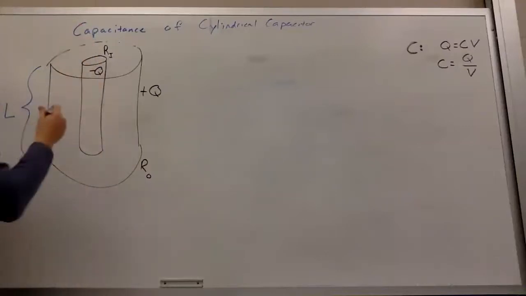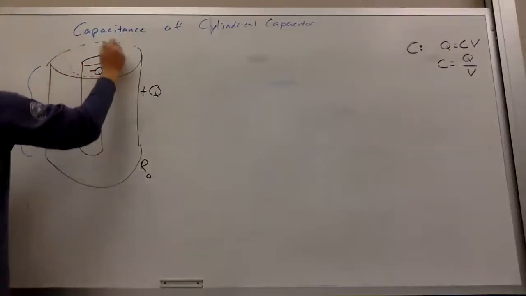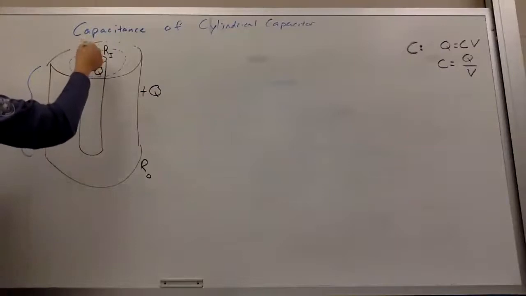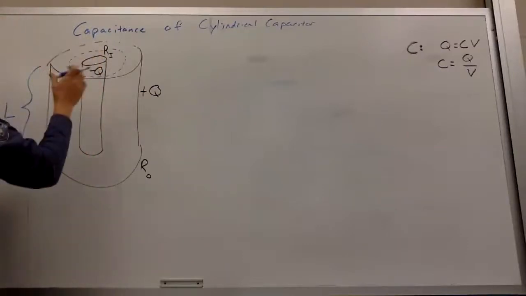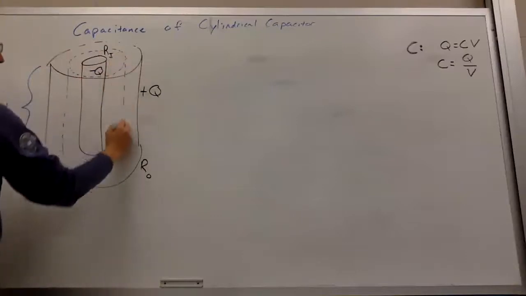So what I'm going to do is imagine wrapping the center wire with a Gaussian surface that runs the length of the cylinder.